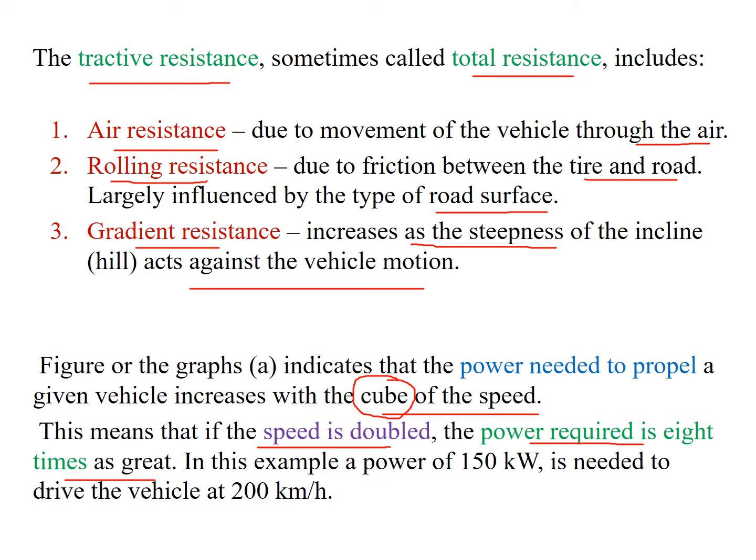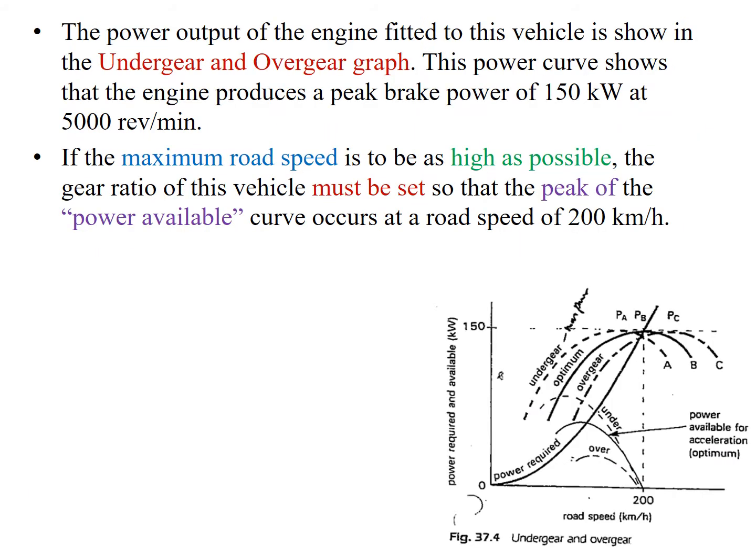So in this example, 150 kilowatt is needed to drive the vehicle at 200 km per hour.